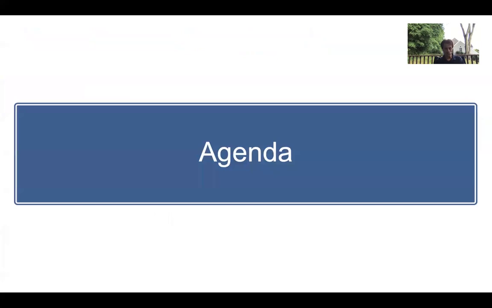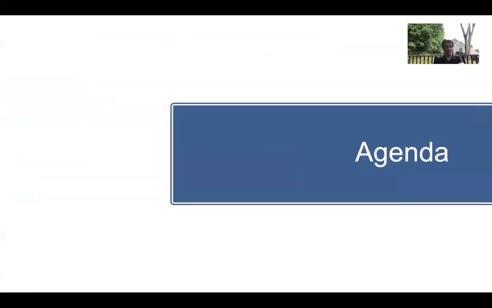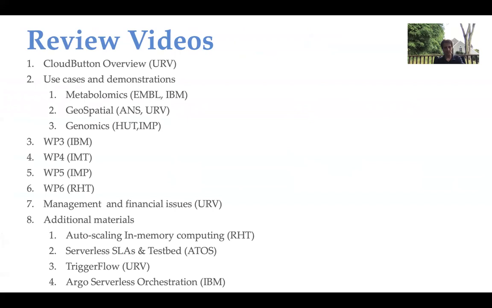So let's finish now with the agenda of the meeting, now that you have an overview of where we are and where we are heading in the next years. First of all, we will leave you a set of videos available by the end of July so that the project officer and reviewers can watch them carefully. This CloudButton overview will provide use cases and demonstration. We have videos for the 3 use cases.